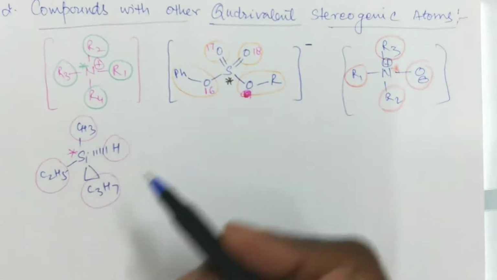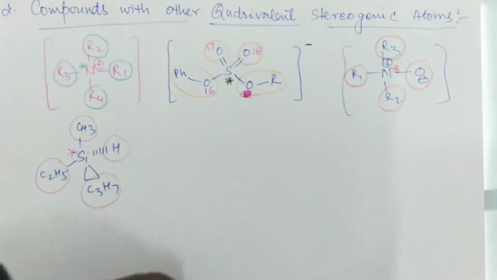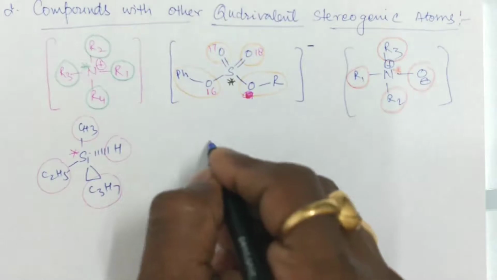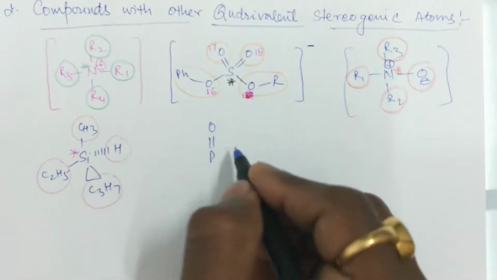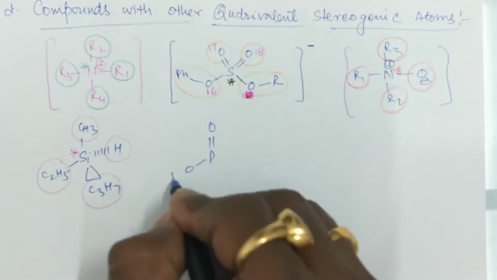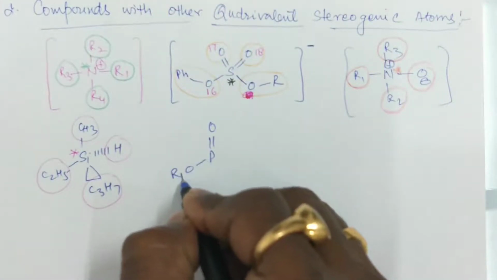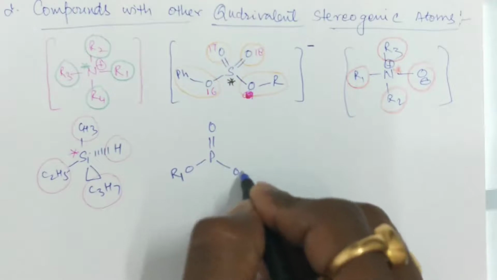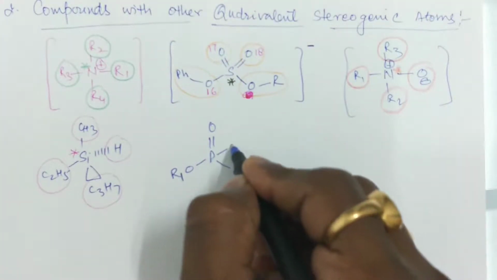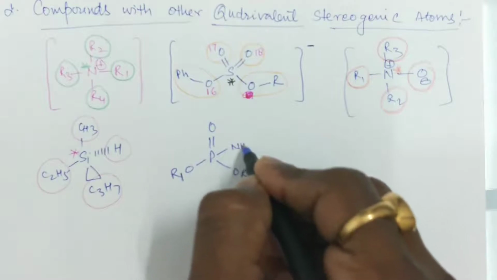Similarly, you can take germanium, and you can take phosphorus as well. Phosphorus, P double bond O, and OR1, OR2, and NH2.